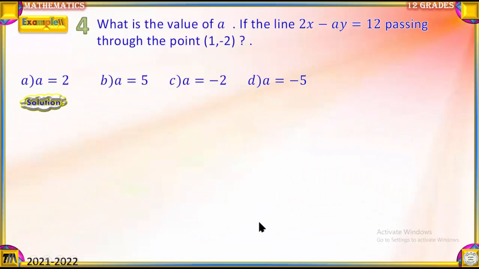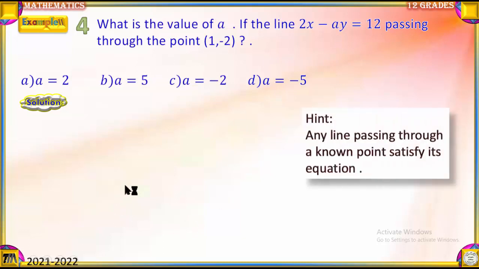Example number 4. What is the value of a if the line 2x minus ay equals 12 passes through the point (1, minus 2)? Every time you have a line passing through a known point, the point satisfies its equation.